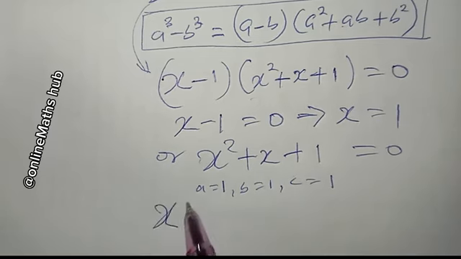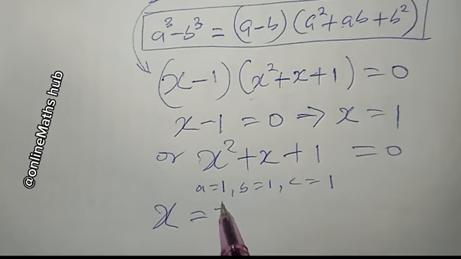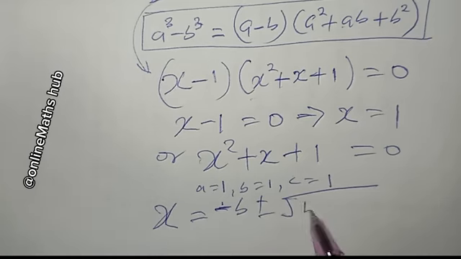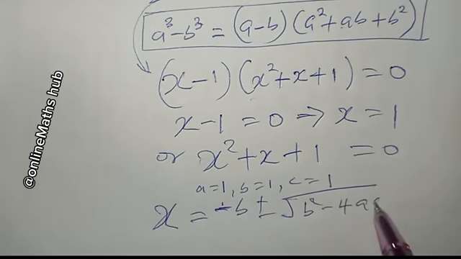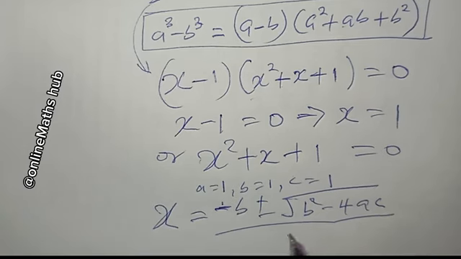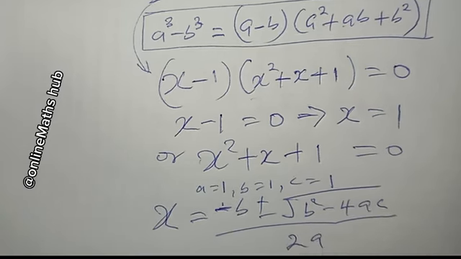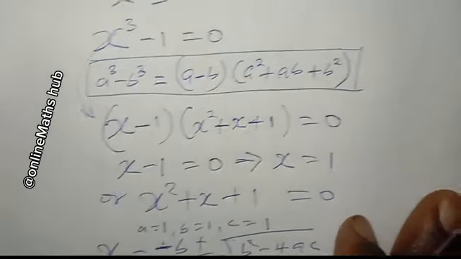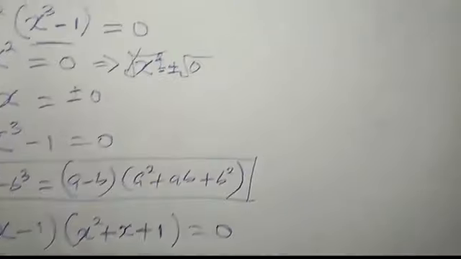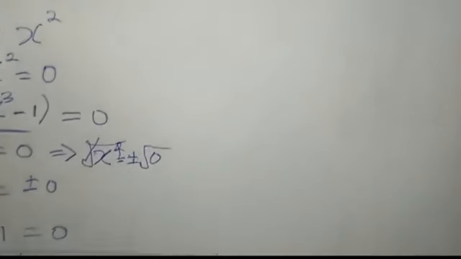Okay, so of course our x from the formula is minus b plus or minus the square root of b squared minus 4ac, all divided by 2a. Okay, so this is what we have, and then we can just go ahead to make some substitution right here.